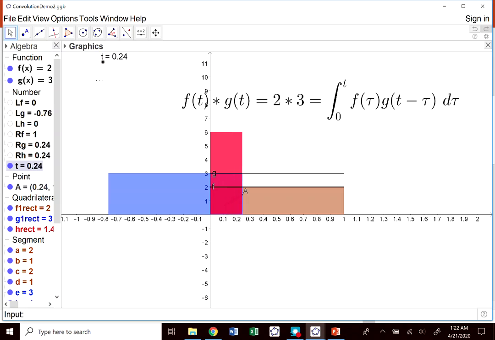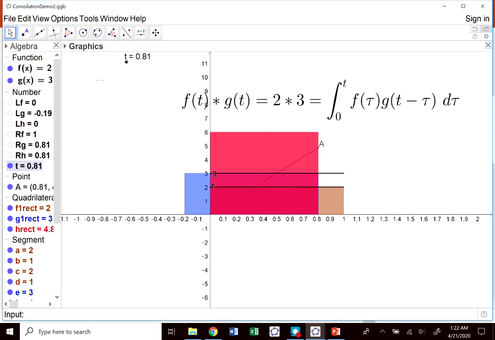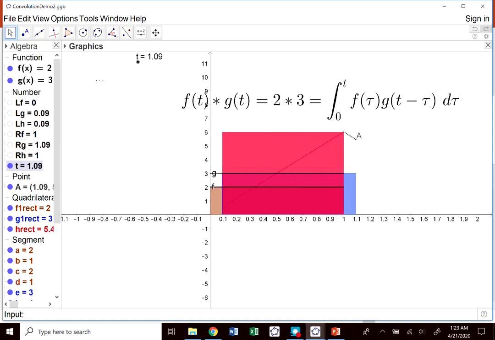we have the same height of the red rectangle because you are constantly multiplying 2 times 3, but the width is changing. As a result, the area of the red rectangle itself is increasing, right? So you notice how that is.